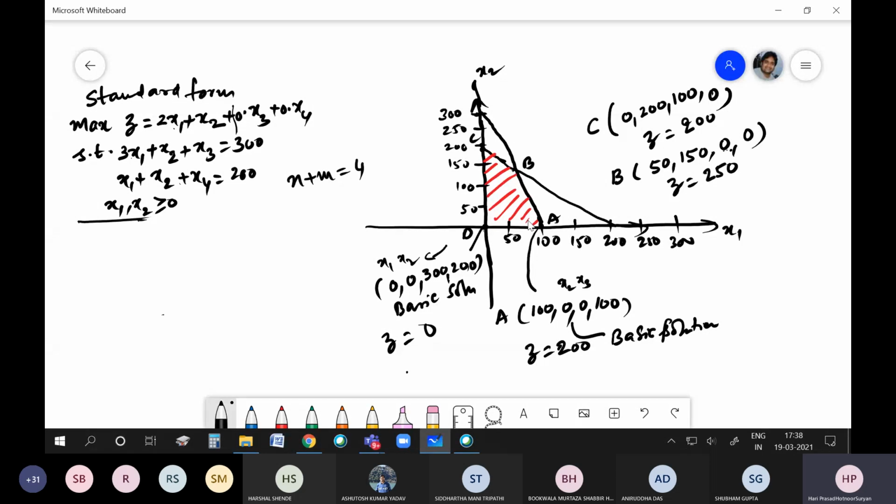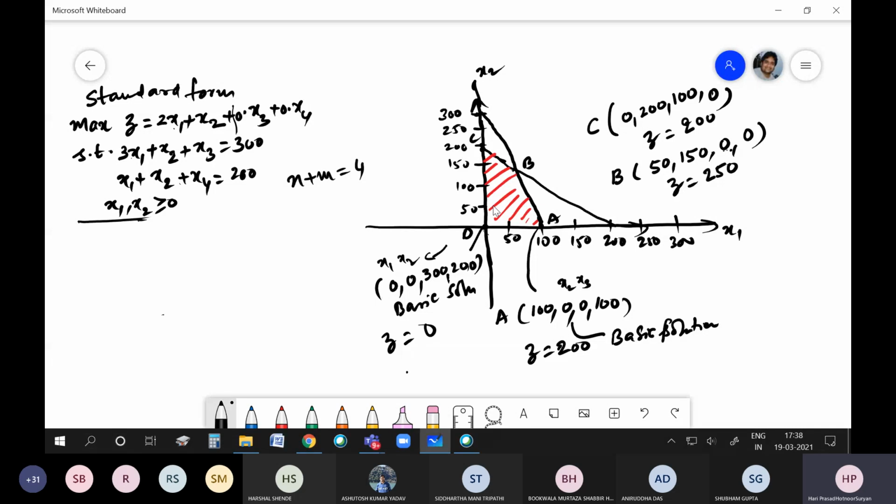Why we have to check the boundaries, we will come to later. The beauty of this linear programming problem is that the optimum occurs at the corners, and at these corners you will have basic feasible solutions.